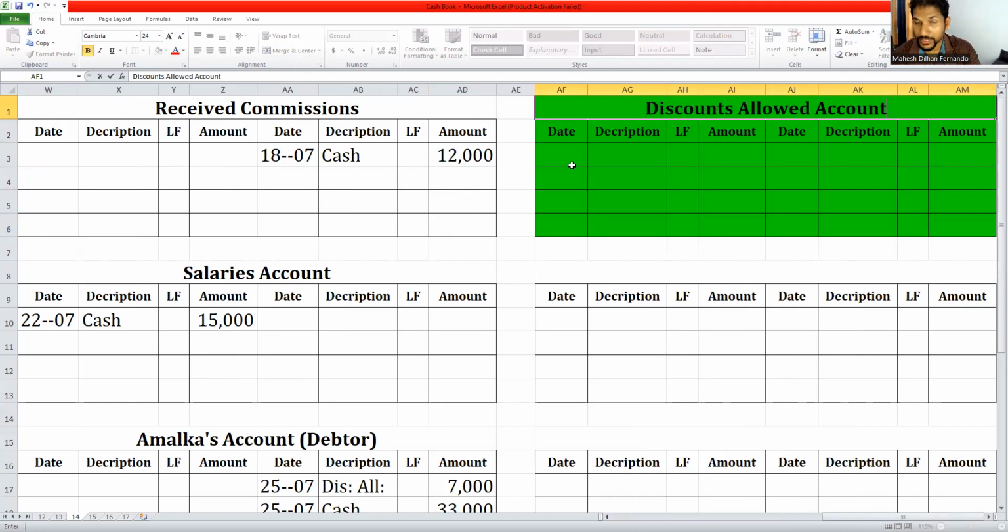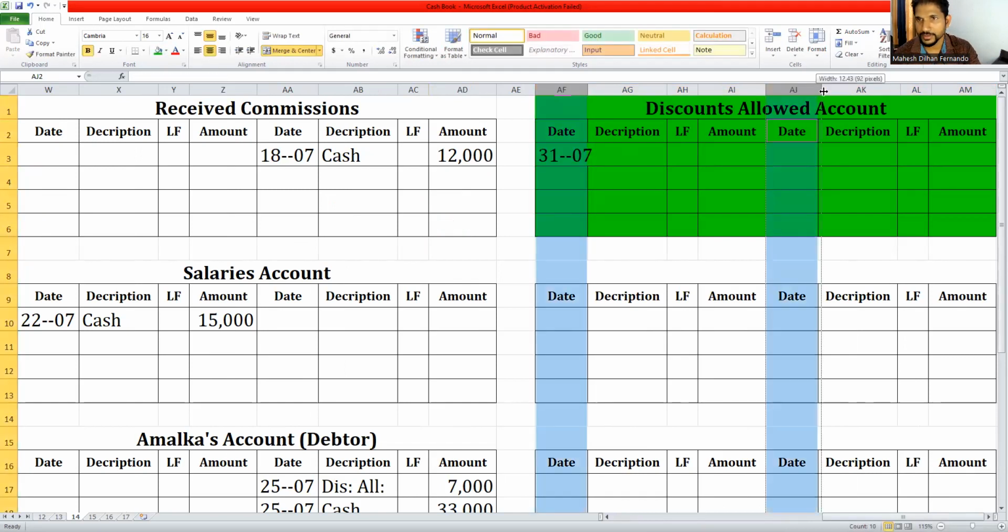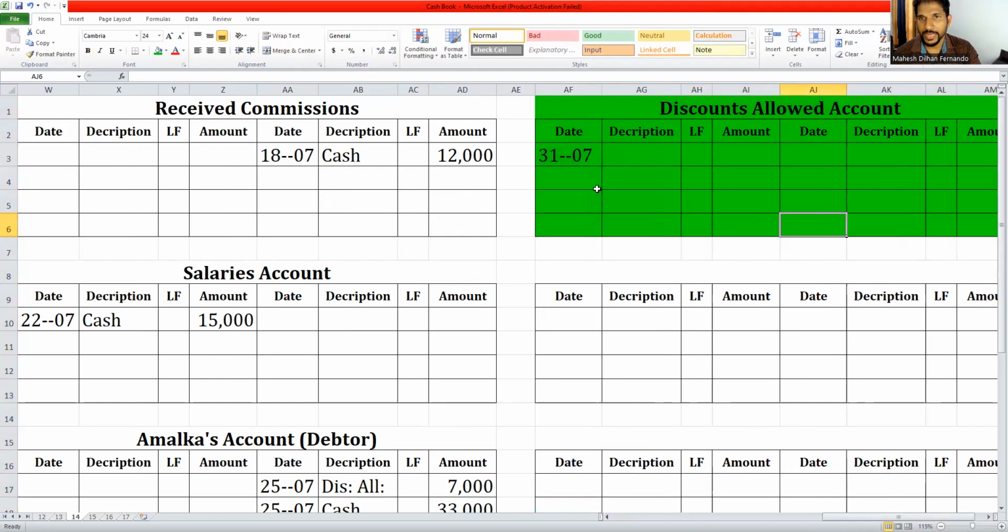But please make sure the transfer is made at the end of the month, 31st of July. And the description is debtors because we have all the discounts allowed to debtors.